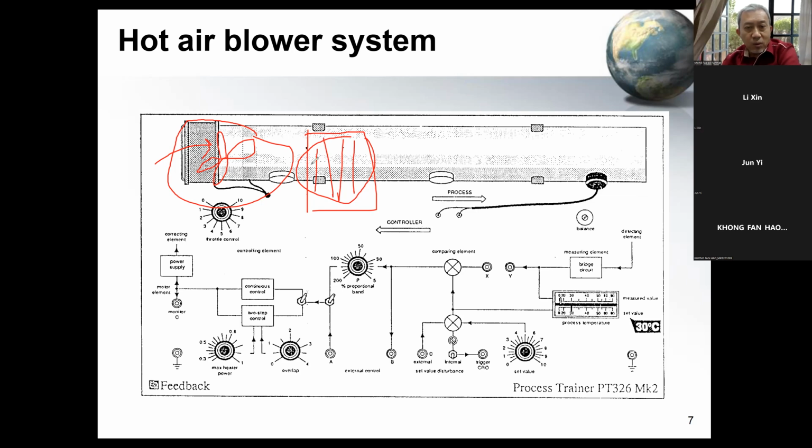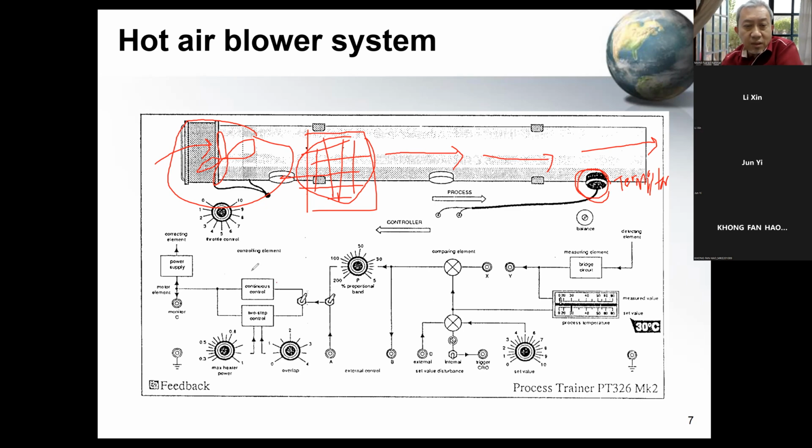The fan will blow the air and enter this heat grill, and along the way it becomes hot air. Then this is the exhaust, the exit of the hot air, and at this point there is a sensor, a thermistor, that measures the hot air temperature, and then it goes to the controller.